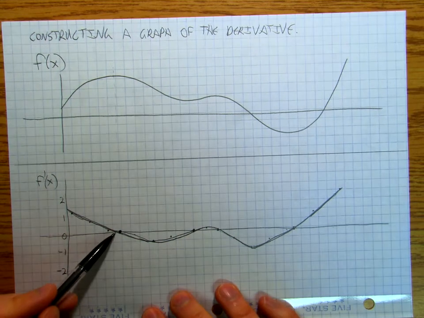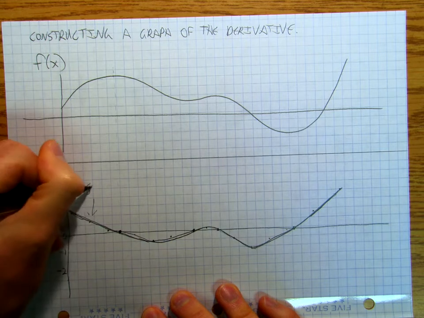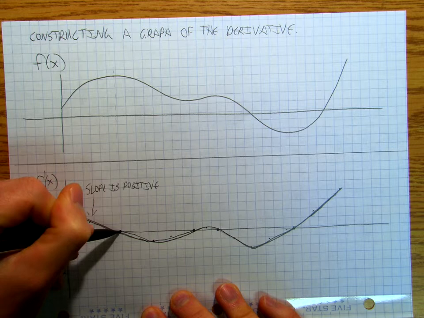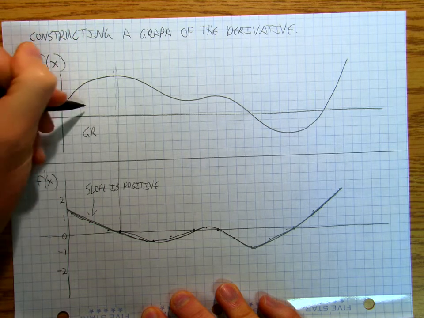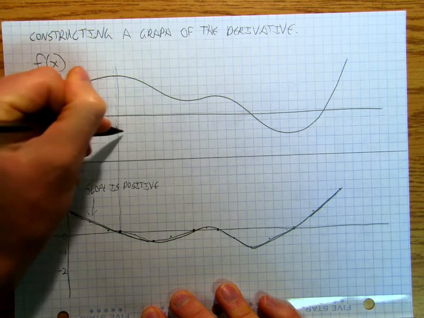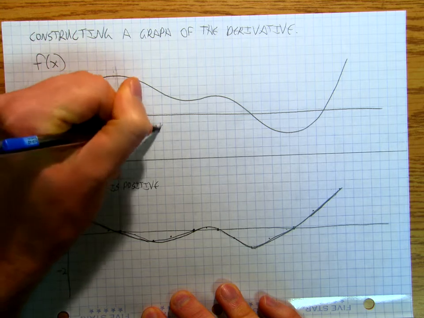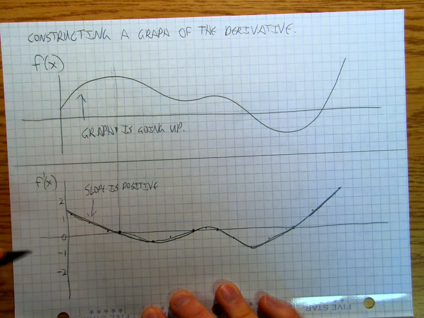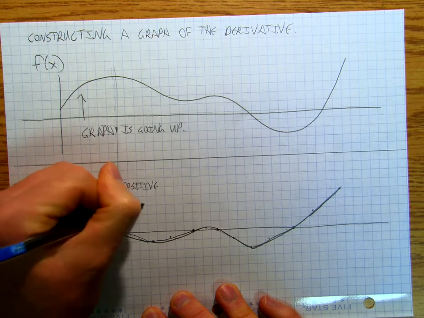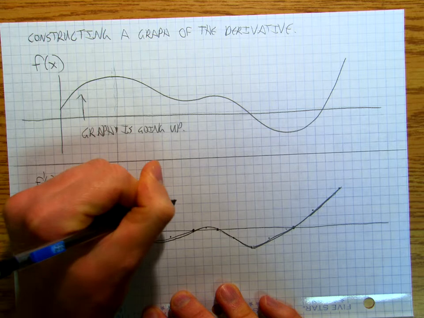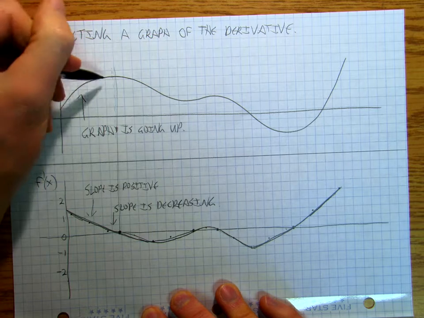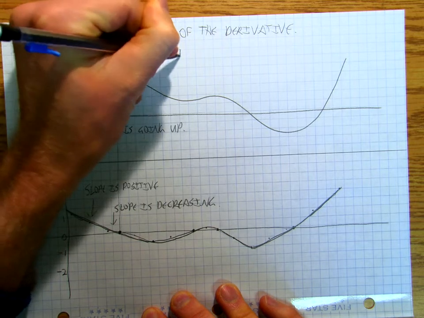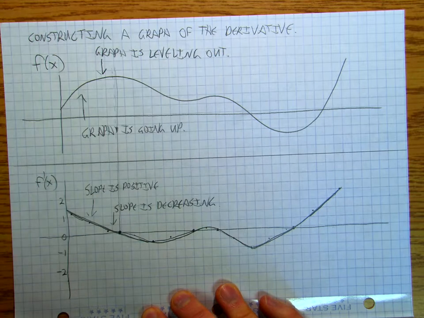So here, this means that the slope is positive, so the graph is going up. Okay? The slope is decreasing. Okay?